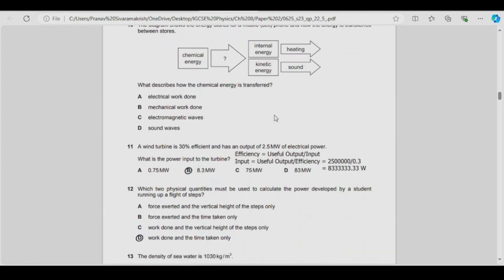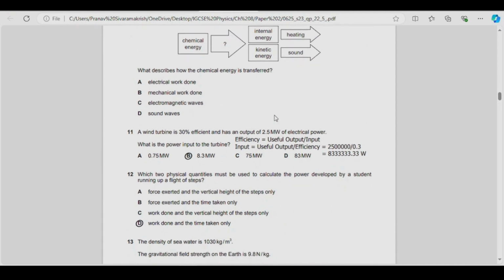okay, so if you look at question 11, a wind turbine is 30% efficient and has an output of 2.5 megawatts of electrical power. What is the power input to the turbine? So we know that efficiency is the useful output divided by the total input. We know the efficiency of the wind turbine is 30%. We know that the useful output is 2.5 megawatts.